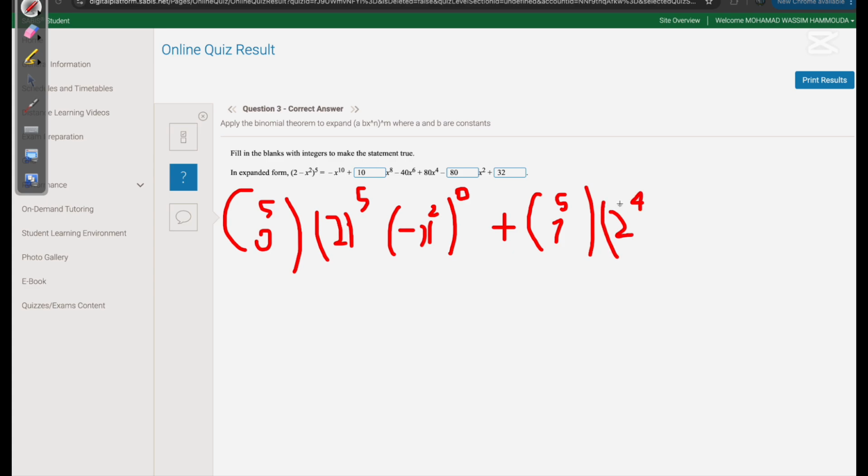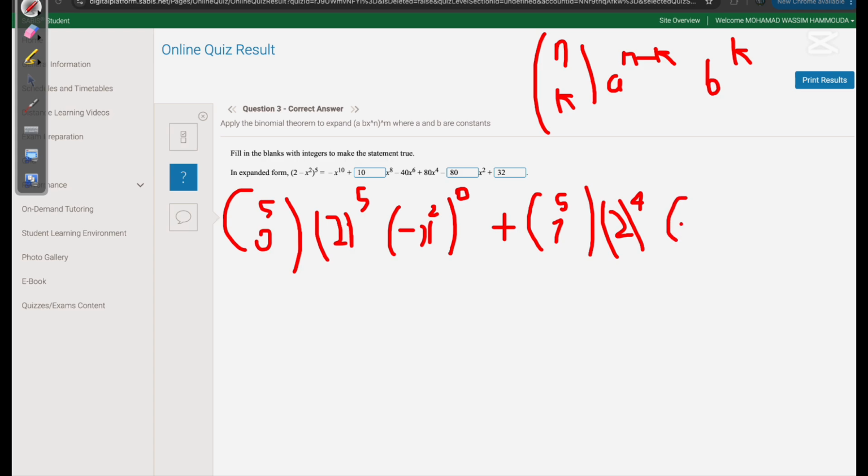By the way, the rule for nck, let's say for expansion: n will be the power, k will be a counter from 0 till the power, then a to the n minus k, then b to the k.